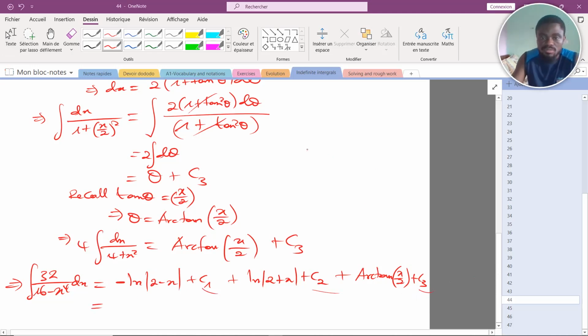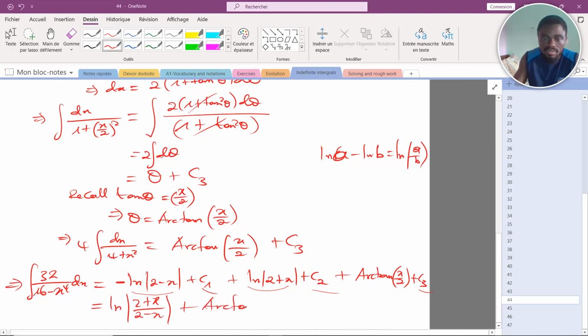And look at something. This one and this one. We know that ln of A minus ln of B is equal to ln of A over B. So ln of this one minus ln of this will be ln of 2 plus x all over 2 minus x, plus this one, arctan of x over 2.